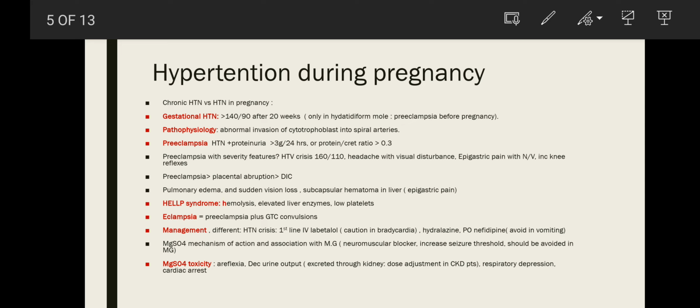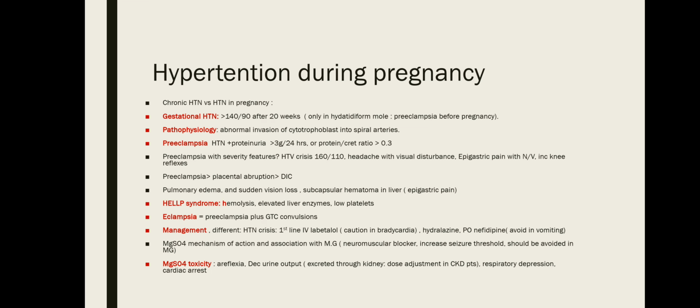We cannot give magnesium sulfate in a myasthenia gravis patient. Sometimes magnesium sulfate causes toxicity because we give a loading dose and then a maintenance dose. So before giving the maintenance dose, we need to check certain things like urine output, knee reflexes, and respiratory rate in the patient.